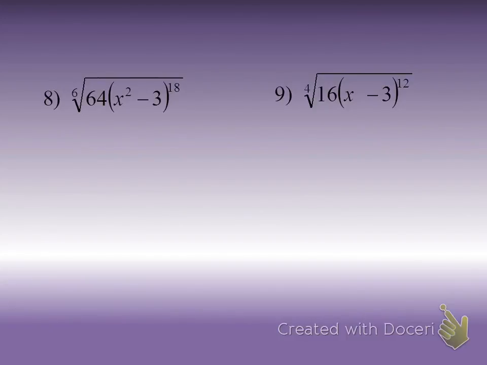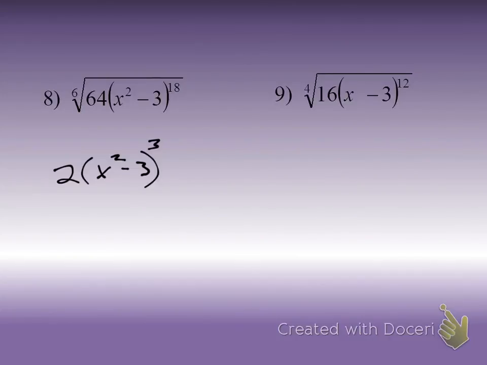So you have 6 2's in there, it comes out as a 2. You keep the binomial just like it was, x squared minus 3. And you need them in groups of 6, which leaves you with how many, Ron? 3, very good. Okay? Individually, number and binomial, just like you did numbers and variables. Okay?